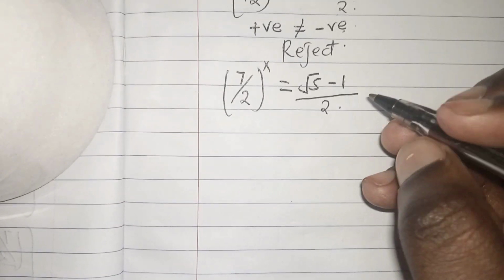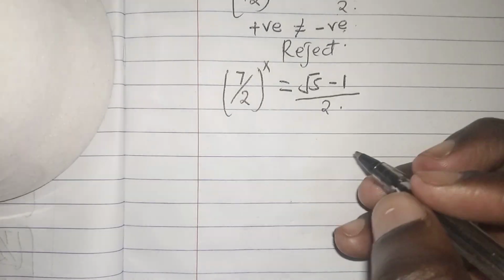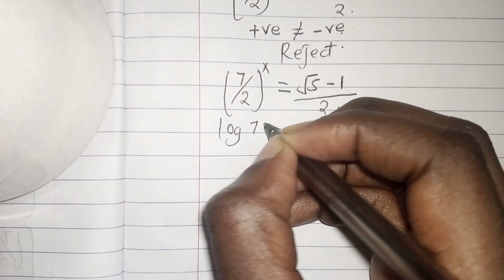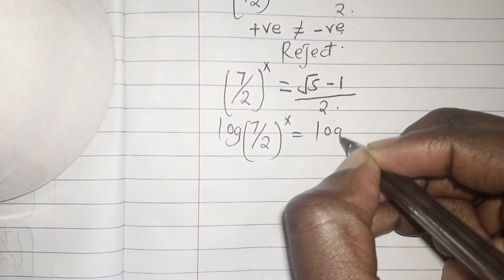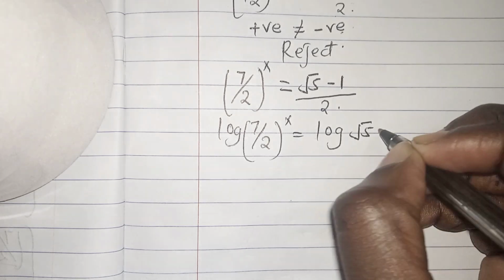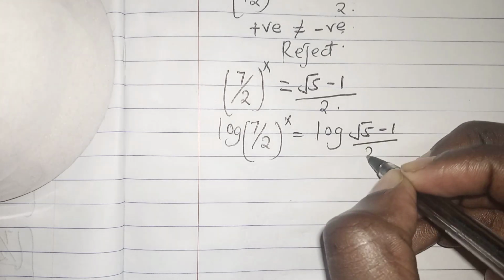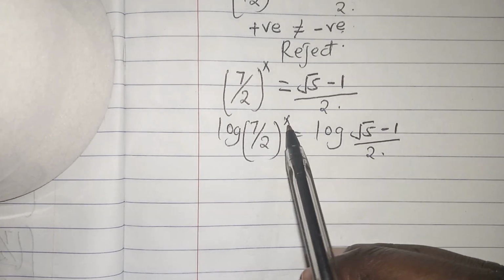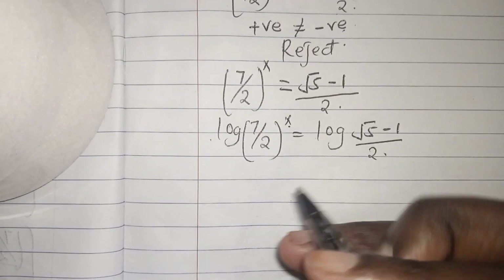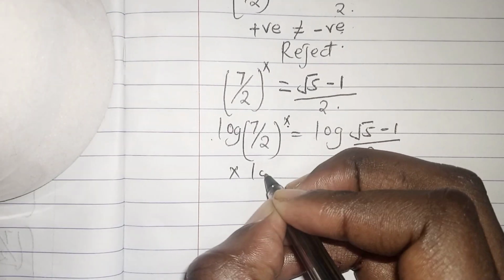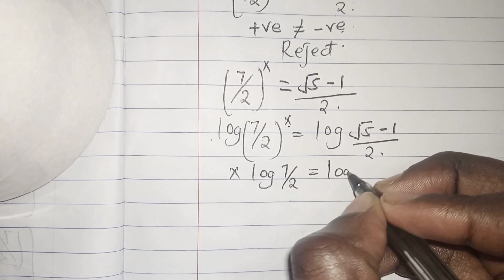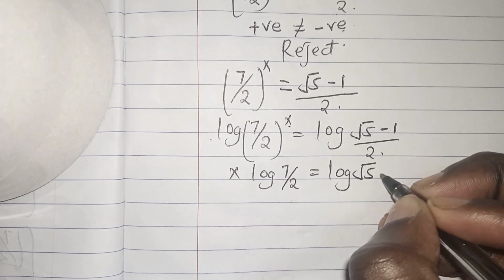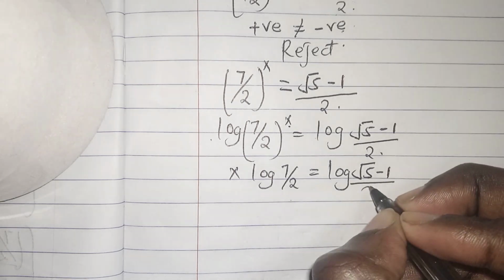So our next step is to introduce log on both sides. So log of 7 over 2, all this to the power of x is equal to log of square root 5 minus 1 over 2. So we are going to bring this power here before the log, and this will be x log 7 over 2 is equal to log square root 5 minus 1 over 2.